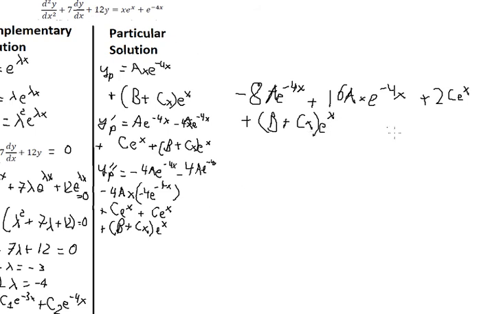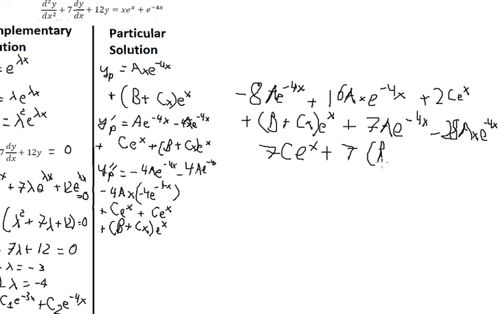Now we have 7 multiplied by this one, and we have negative 28 a e to the power of negative 4s, minus 28 a s e to the power of negative 4s, and we have 7c e to the power of s plus 7 times b plus cs, and we have e to the power of s.